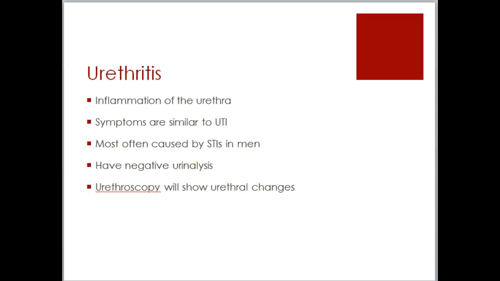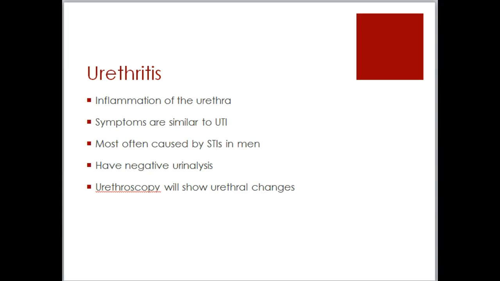In women, the causes are normally linked to bacterial cystitis. There's some other syndromes, urethral syndrome, frequency dysuria syndrome, and things like that. You normally see this in our postmenopausal women, or it's more common in our postmenopausal women because of the tissue changes related to the low estrogen.